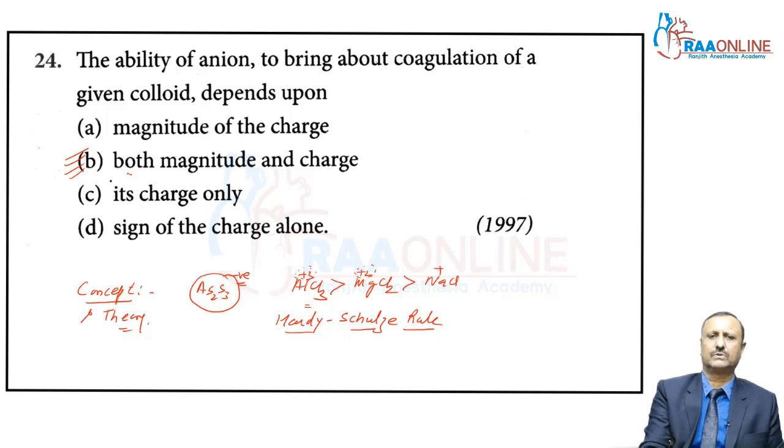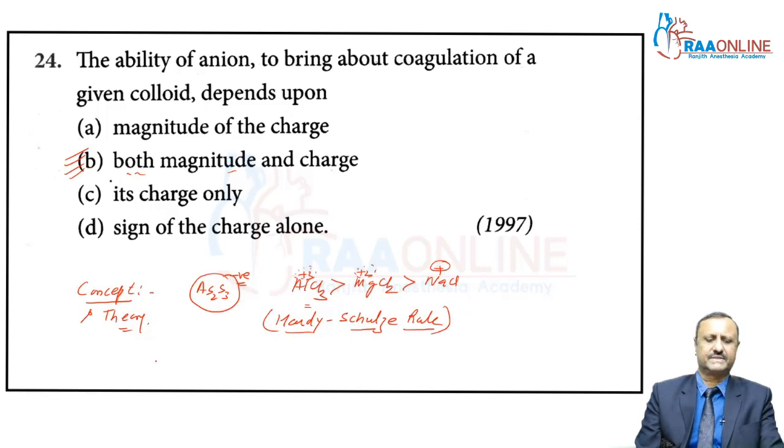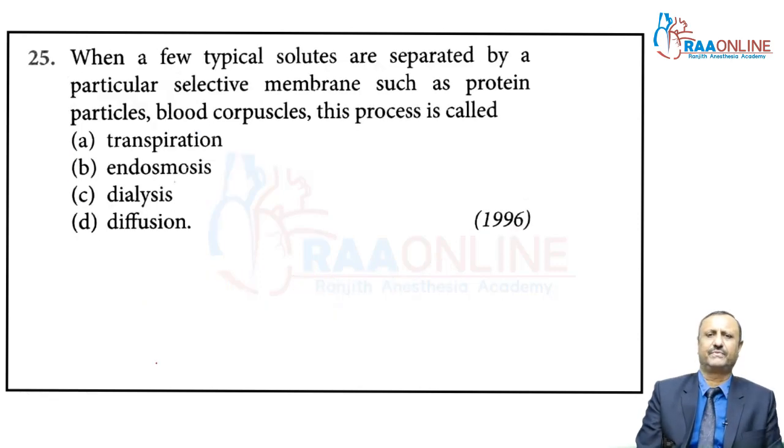So, you can go to both magnitude and charge. The ability of an ion to bring about coagulation of a given colloid depends upon both magnitude and charge, and this is given by Hardy-Schulze. So, this rule is called the Hardy-Schulze rule. Now, my dear students, we can go to question number 25.